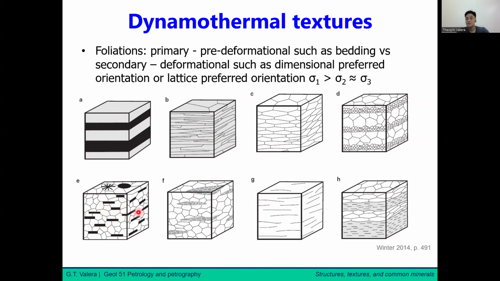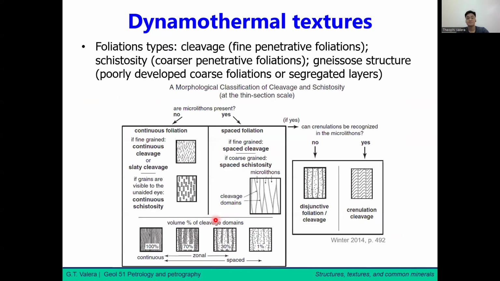Pero yung mass platy, yung anisotropic na minerals natin would tend to exhibit yung ating foliation planes. Yeah. And then these are melts, for example. So if you have melts in migmatites, for example, that may also correspond to foliation.